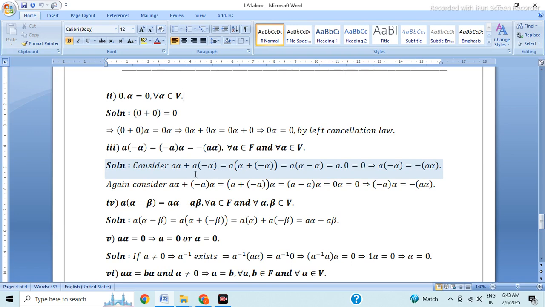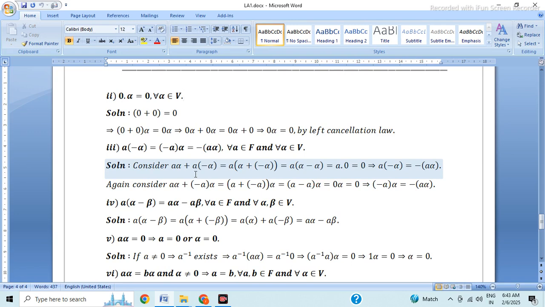Instead of proving directly, first we will prove that a into minus alpha plus a into alpha equal to 0. This is the first condition. Understood? First condition and third condition: what we have to prove is a into minus alpha equal to minus of a into alpha.